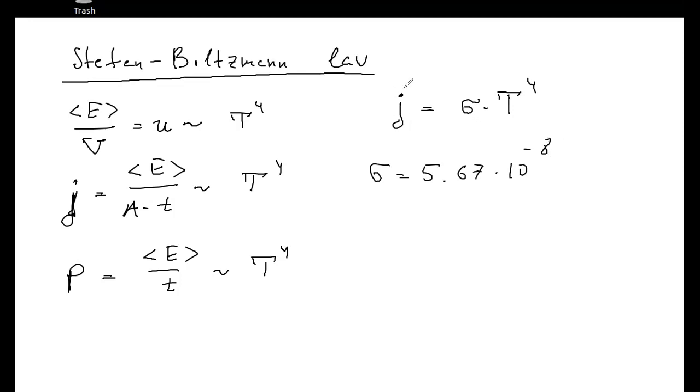It should give you the intensity in watt per meter squared, and it should cancel temperature power 4, Kelvin power 4. Again, it can help you to calculate how much energy will be radiated from unit of area per unit of time. It can help you to find the power of radiation, because the difference between intensity and power is just area.